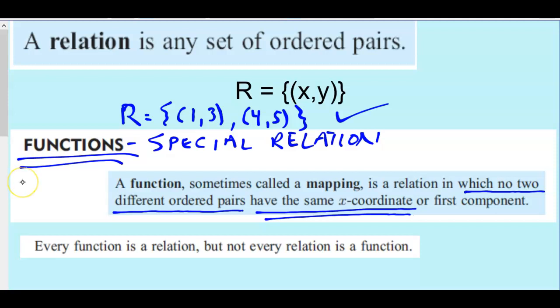So in a relation, if you have (1, 5) and (1, 6), that would not be a function. It's definitely a relation, but since 1 is mapped to 5 and 1 is mapped to 6, that's two times and no good. Every function is a relation, but not every relation is a function.